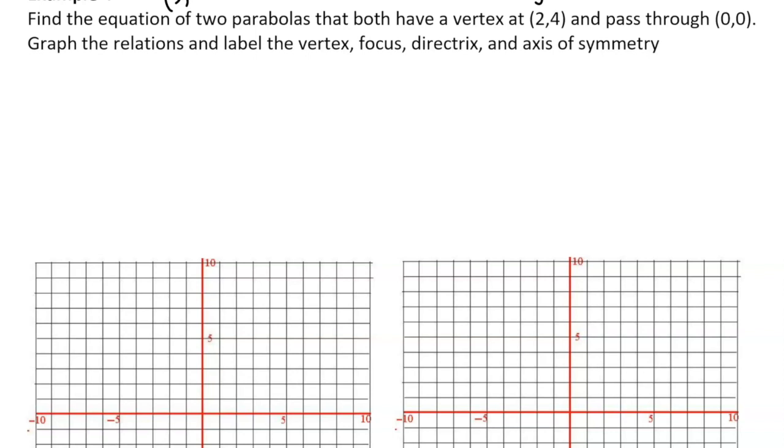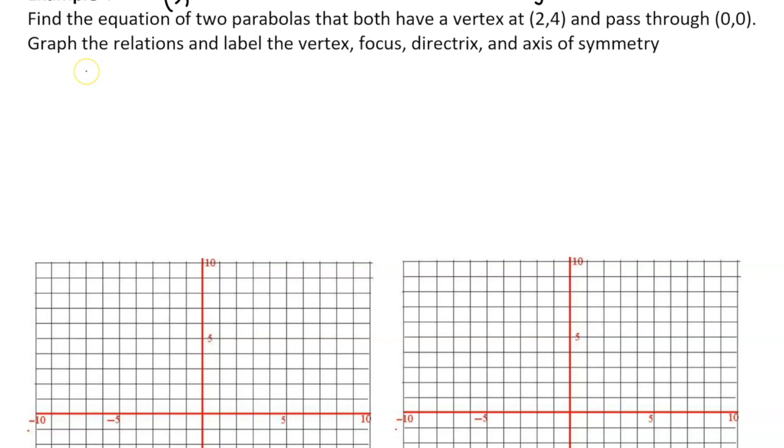So you should take some time right now and see if this is something that you'd be able to do. Assume that you would be provided with these formulas, and see how you'd be able to go from there. I recommend probably trying to, once you've got your equation, identifying what your p-value is, because once you have your p-value, then that'll really help with your focus and your directrix.